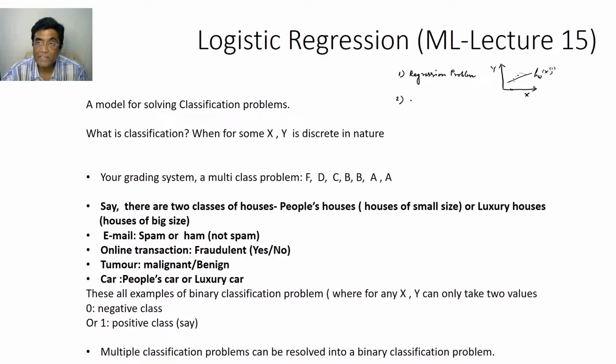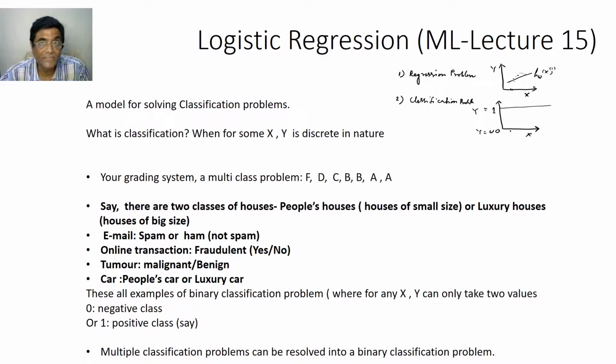Whereas in a classification problem, y space is discrete. Say I have a binary classification problem, where y can take only two values, y equals 1 or y equals 0.